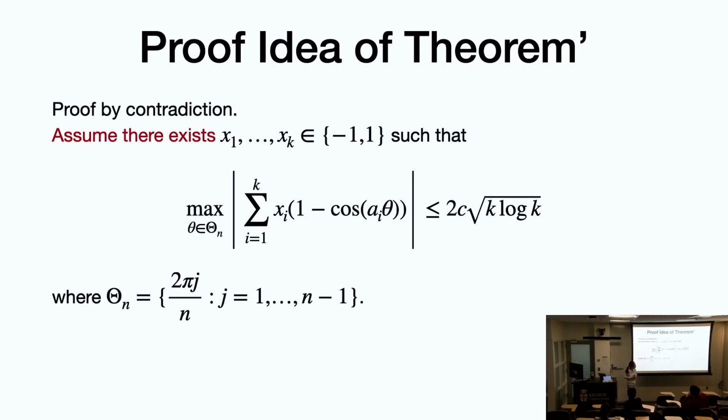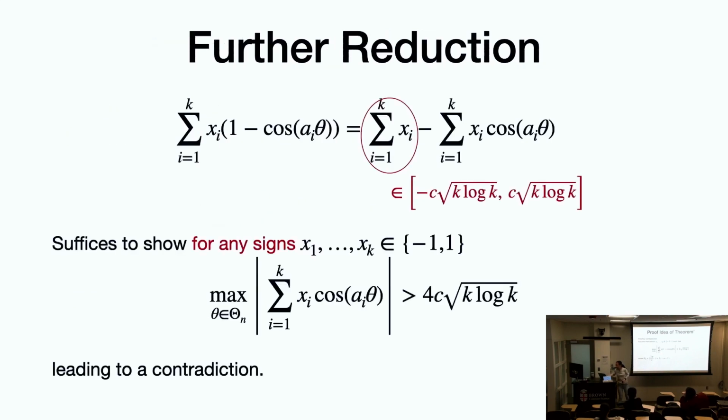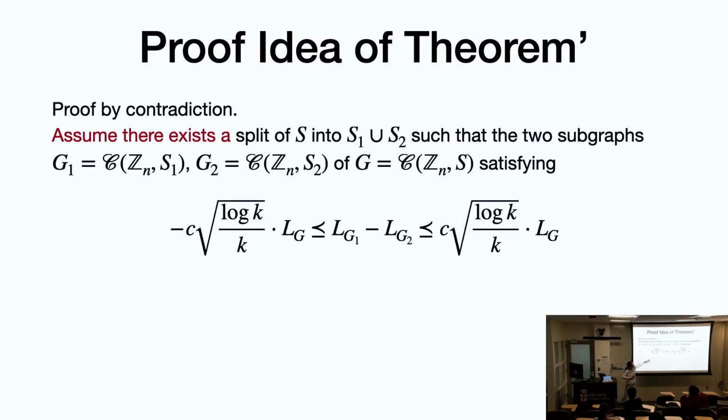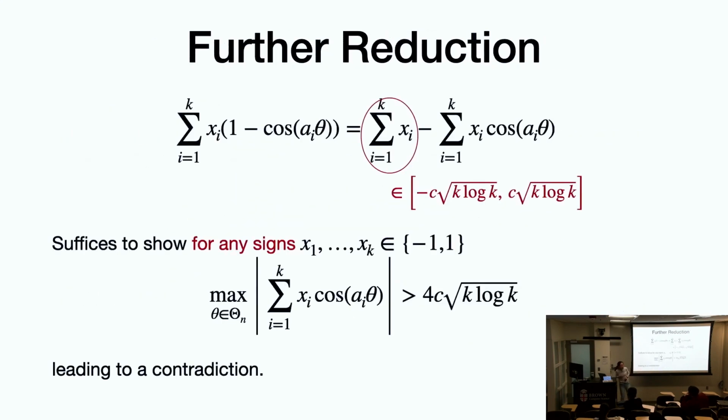We want to further simplify this sum. We split it as the sum of xi's minus the sum of xi times cosine of a_i theta. Since we assume the two Laplacians of G1 and G2 are close to each other, the sum of xi's cannot be too far from 0. The sum of xi's corresponds to the difference between the vertex degrees of the two subgraphs.